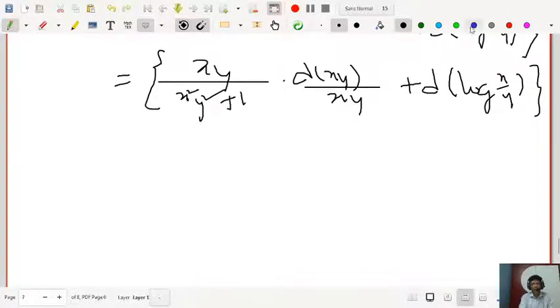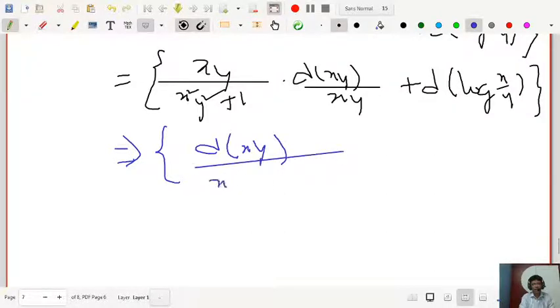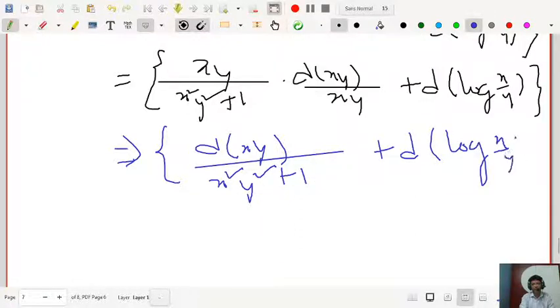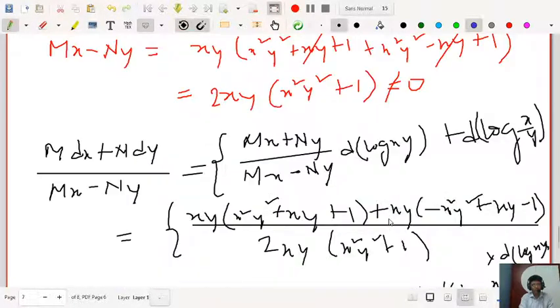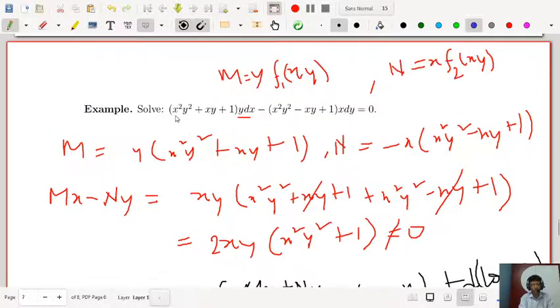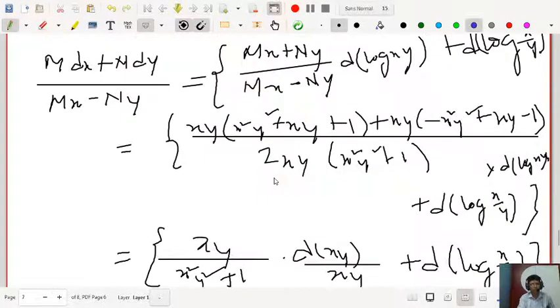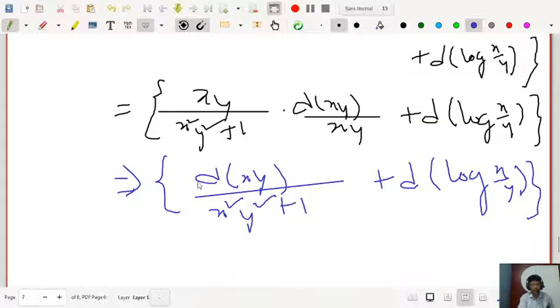So again you see it is a more reduced form, that is dxy by x square y square plus 1 plus d of log of x by y. Initially the problem was in a quite complicated form, but it is reduced to such a simple form in 3 steps. So this is very useful.